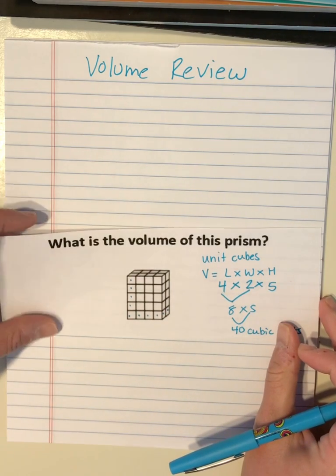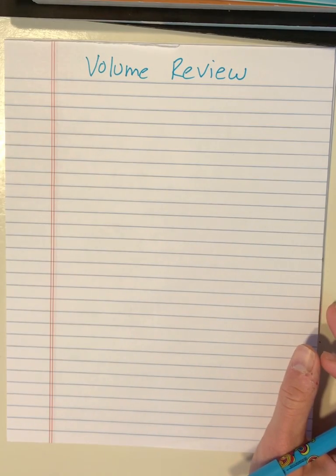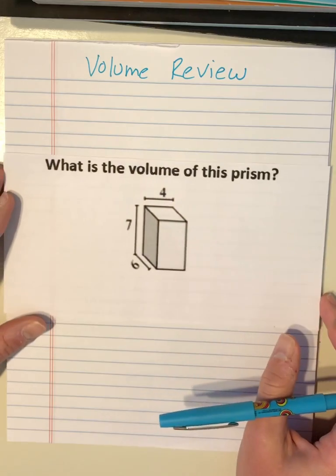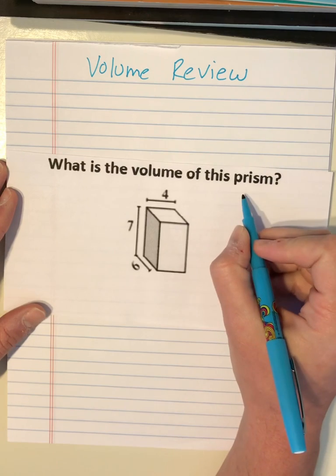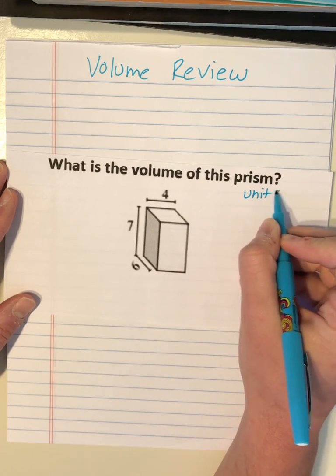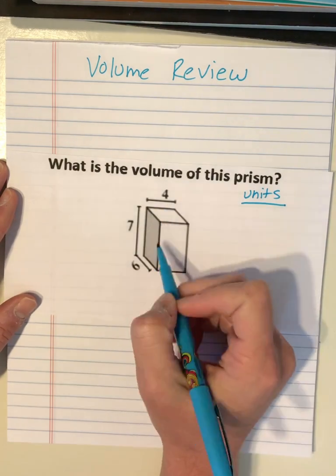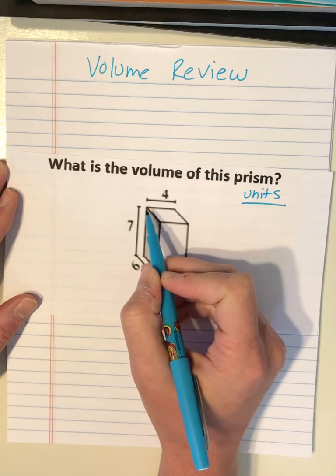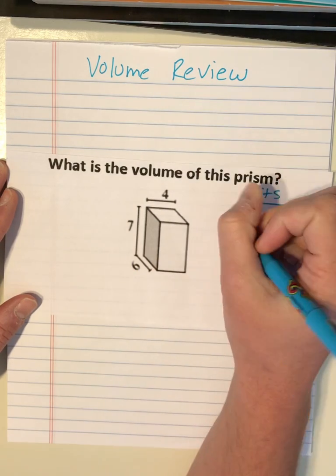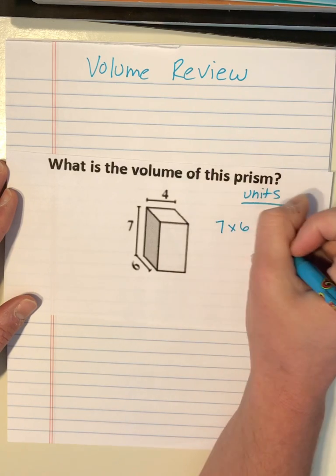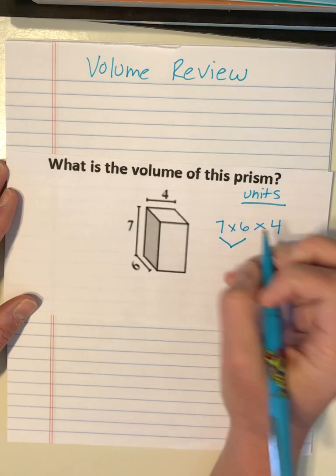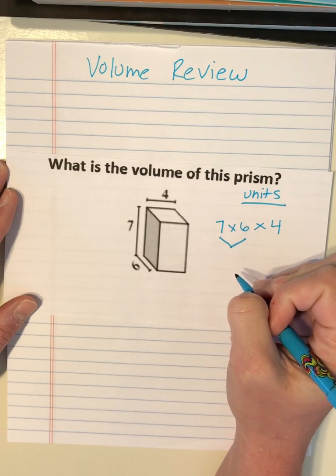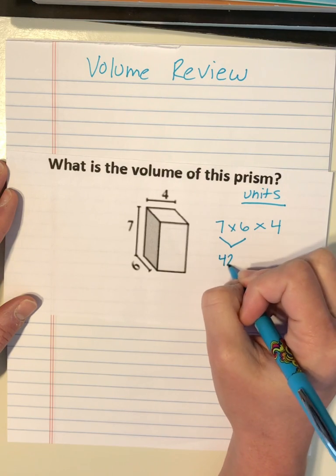Okay. We also had problems that looked like this. Again, there's no inches or centimeters or meters, so my answer is going to be in units. And I see the length, the width, the height all here, so I'm going to do 7 times 6 times 4. 7 times 6, that's a tough fact for some of you guys, that is 42.